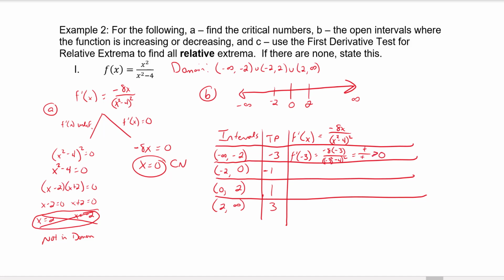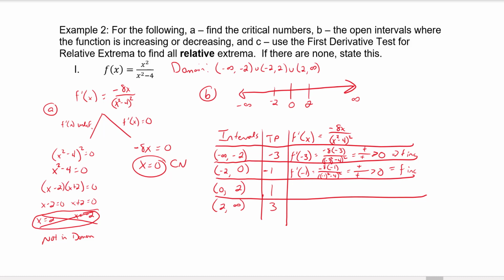So our derivative is greater than 0 here, so f is increasing. F prime of negative 1: negative 8 times negative 1 over negative 1 squared minus 4 quantity squared. Negative 8 times negative 1 is positive, and the denominator, being something squared, is positive. So f is increasing on that interval.